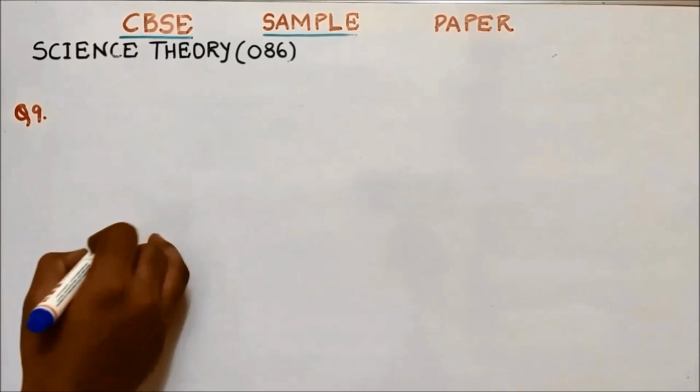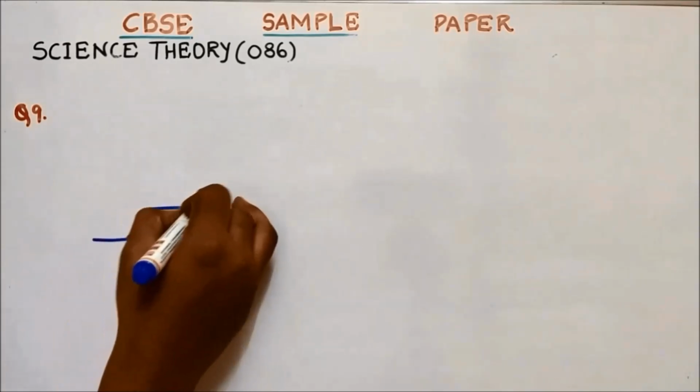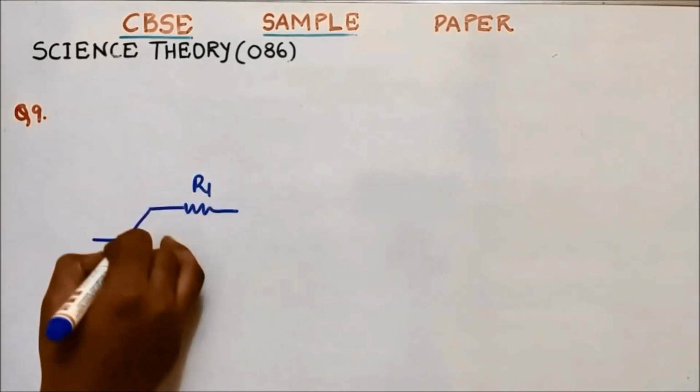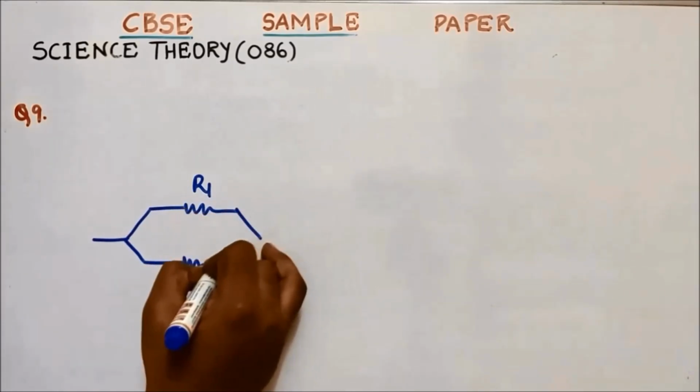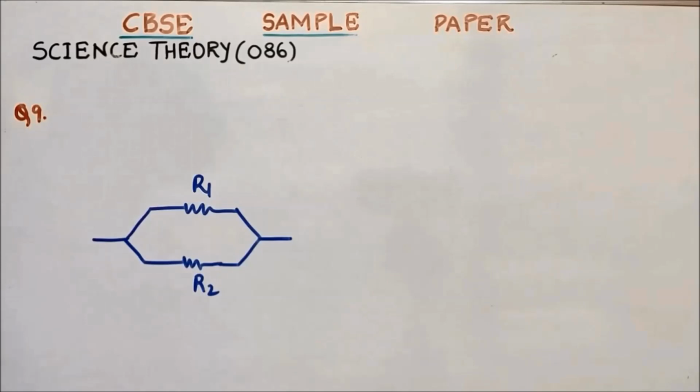So let us take two unequal resistors. Let us take the first one as R1, the other one as R2. By the way, this is from the chapter Electricity, series and parallel combination of resistors. We have already made many videos on this. So please see the description section for the links of the videos.